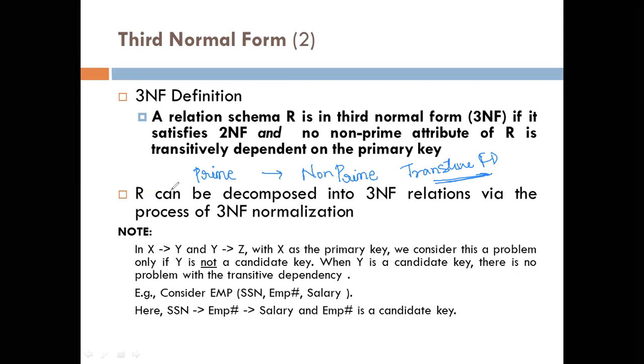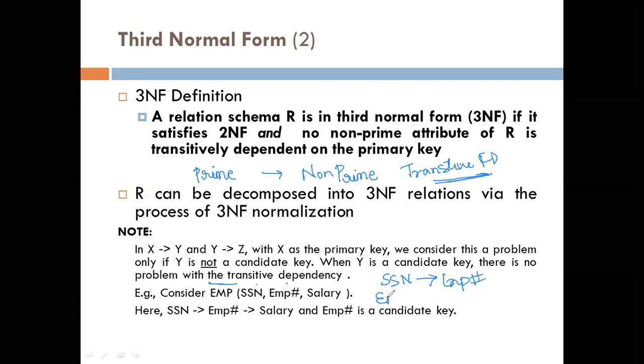So consider an example over here. Employee: SSN, employee number, salary. So three attributes are there: SSN, employee number, and salary. So the functional dependency that we can establish here is SSN is determining the employee number. Okay.